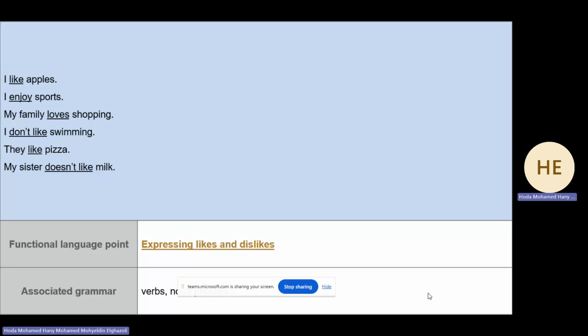We use doesn't with the verb. But when we are using doesn't, we don't add an S to the verb. My sister likes orange juice. My sister doesn't like milk.